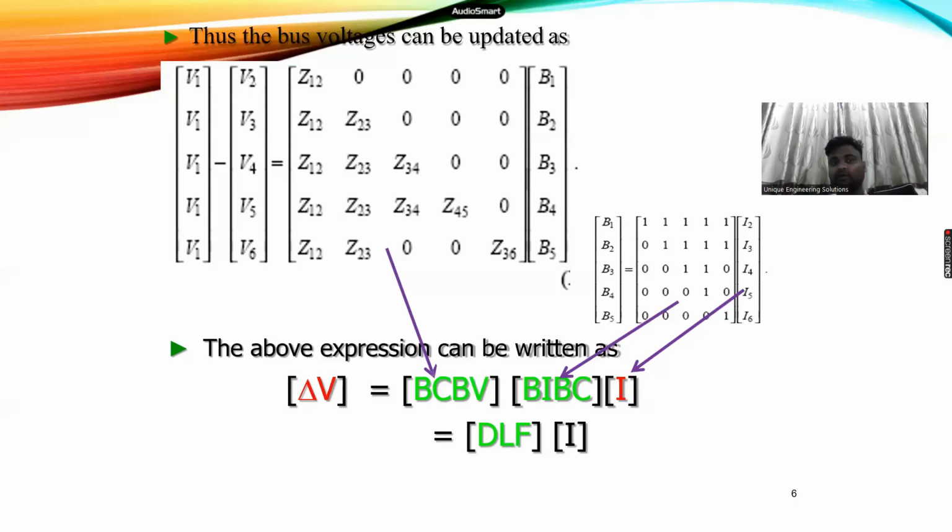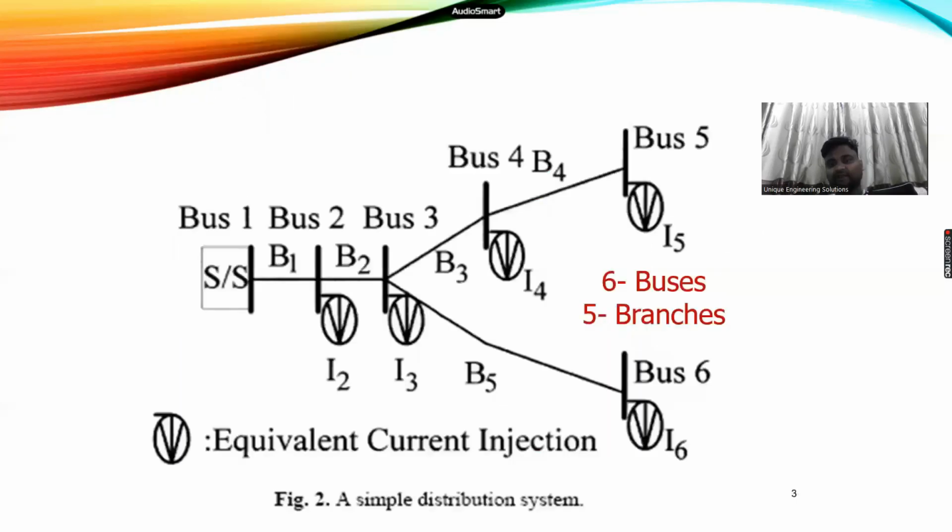When we consider the load of bus 5, then for feeding the load of bus 5, the current must flow through branches 1, 2, 3, and 4. Likewise, we can find the BCBV matrix.